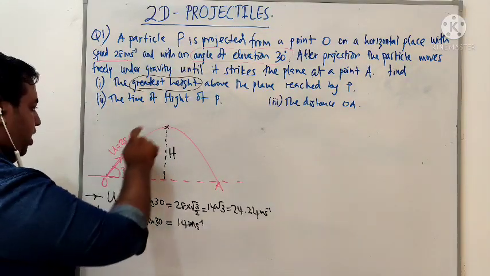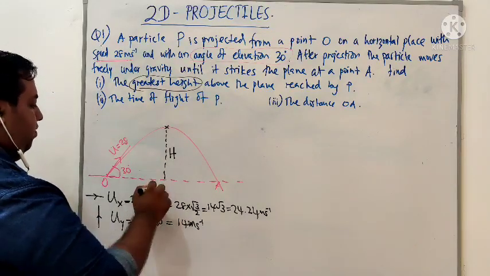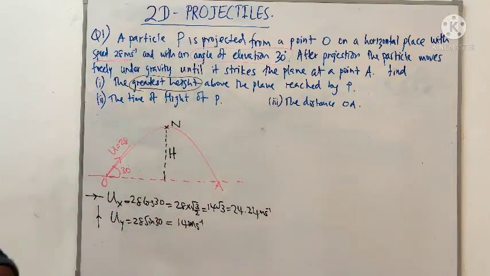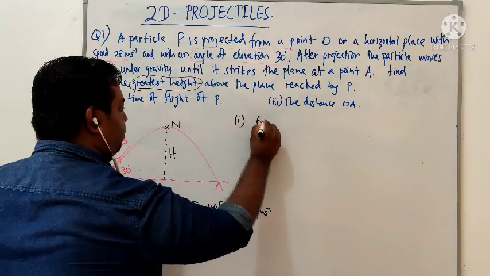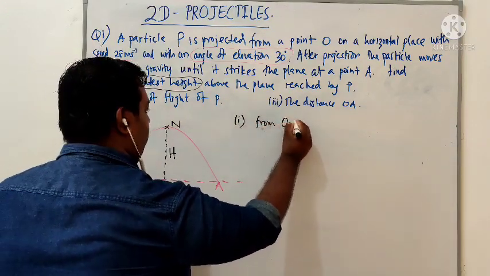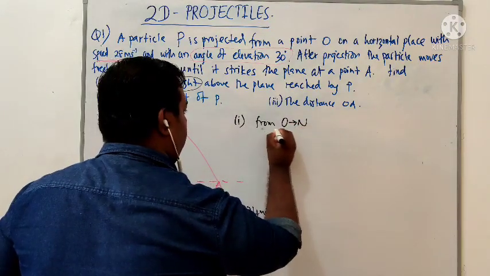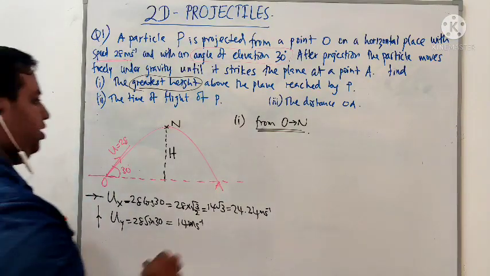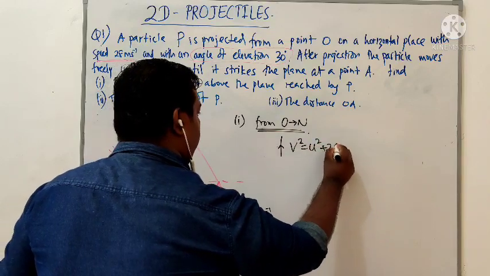So from here to here, I can mark O to N. Greatest height, maximum point. So Roman 1, from position O to N, I'm using vertically upwards, V square equal U square plus 2AX.